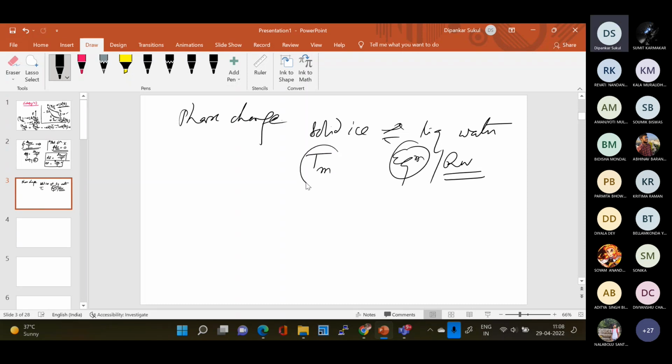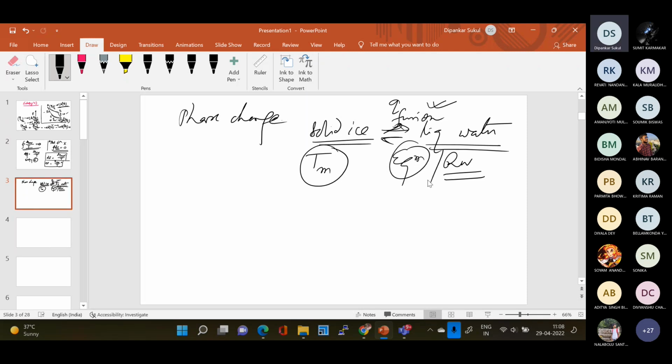The corresponding temperature is the melting temperature, that is Tm. Now for this heat change, solid ice to liquid water, you require latent heat of fusion, and let that latent heat of fusion be given by Q fusion. This amount of heat is required. I think you can remember it is around 80 calories per gram.